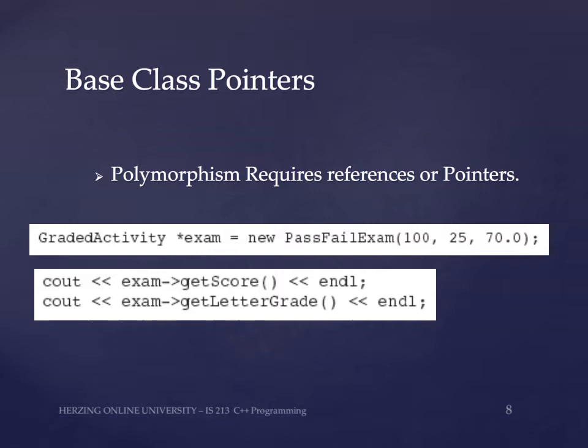Base class pointers and references only know about members of the base class, so you can't use a base class pointer to call a derived class function. The redefined functions in the derived class will be ignored unless the base class declares the function virtual.